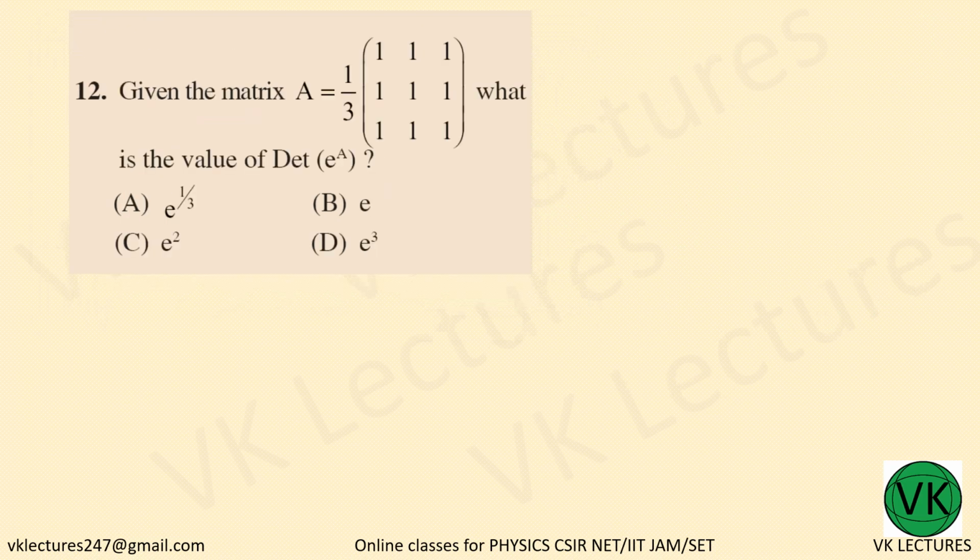Now here you have a matrix given, A equal to 1 by 3 into all 1, 1, 1. Now some properties.